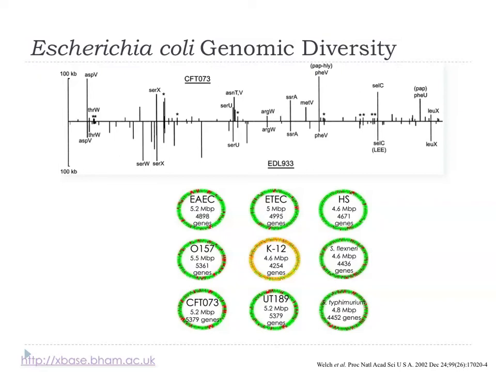So you can see in every case there are bits of the genome which are different, where there are strain-specific genes separate from K12. So this idea of genomic diversity has actually borne out and actually flourished as a concept the more genomes we look at.